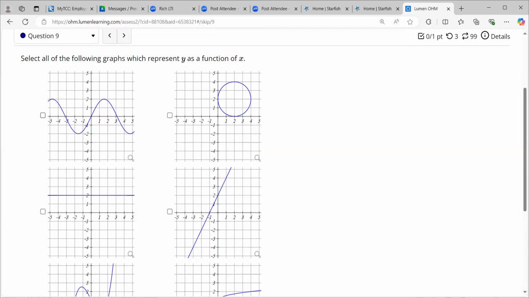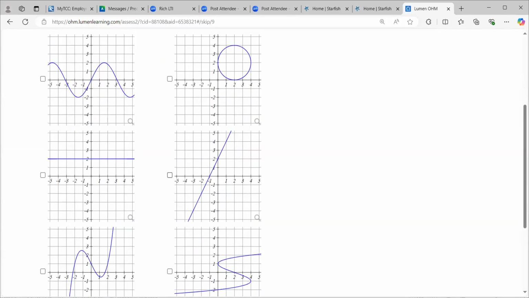Let me show you how we use the vertical line test. How does vertical line test work? So you draw vertical lines, okay? I'm not able to, okay, hold on. Let me try this.